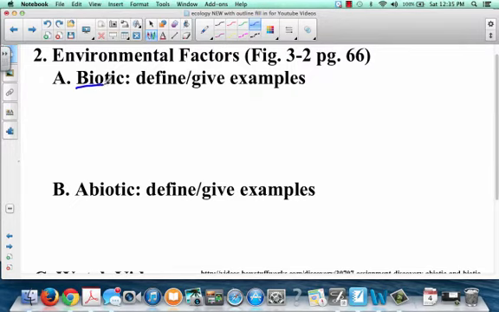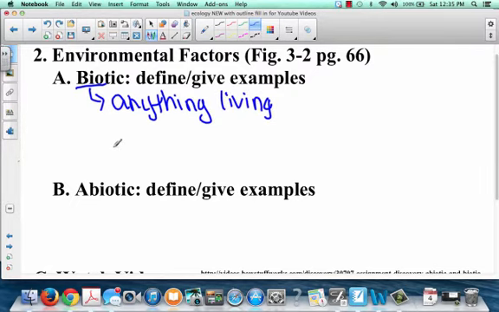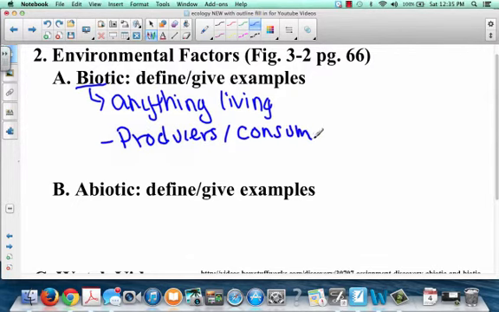So when we look at a biotic factor, biotic is anything living in the ecosystem. So it's anything living. So it's going to be your producers, it's going to be your consumers, it's going to be your decomposers.